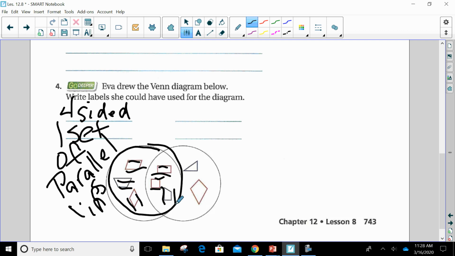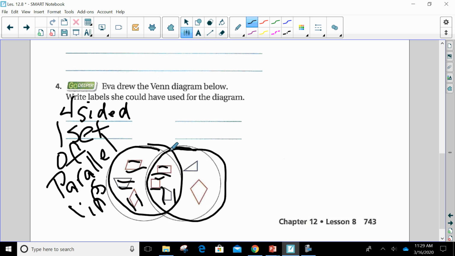Okay, so now what do I see in this circle? Well, I can't say four-sided shape, can I? And I can't say they're three-sided because not all of them are three-sided either.